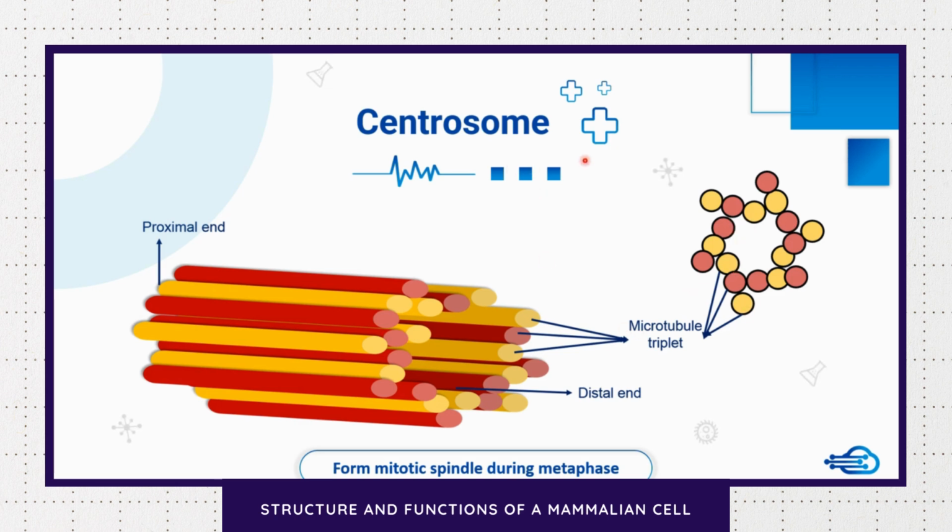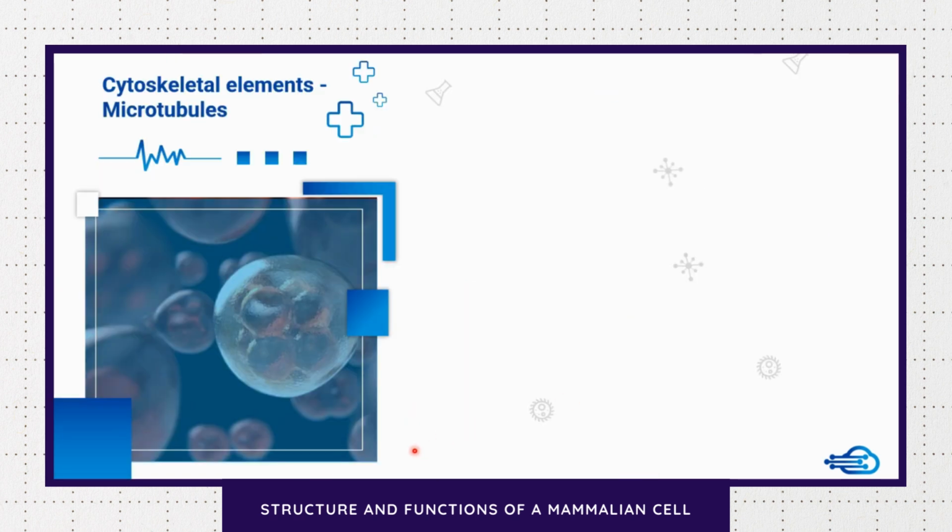So this centrosome acts as a microtubule organizing center, and they have another protein, that is gamma tubulin, and it is from this gamma tubulin that the subunits of microtubules can aggregate and form the microtubule filaments.